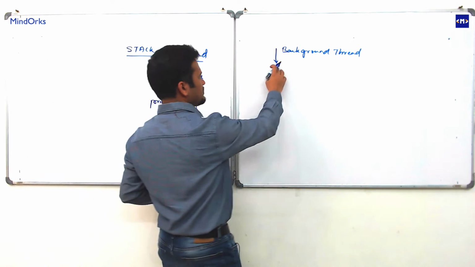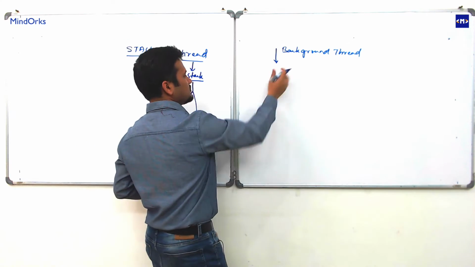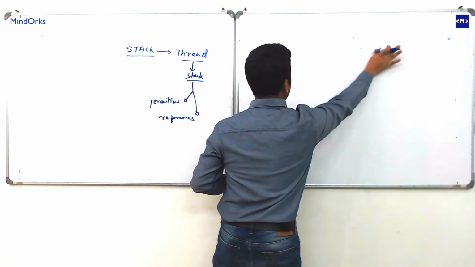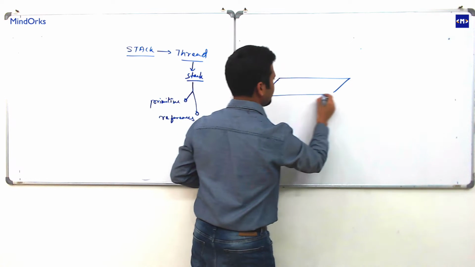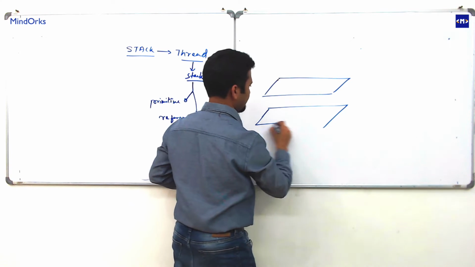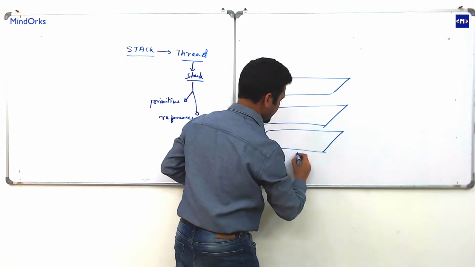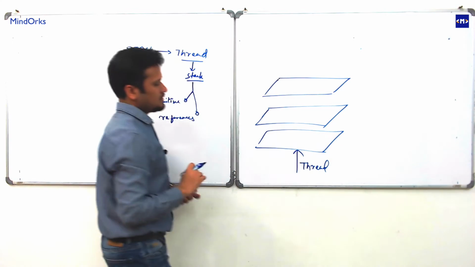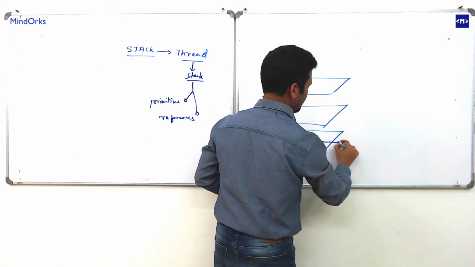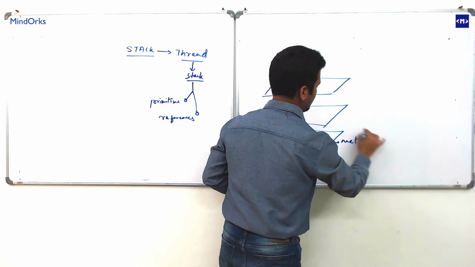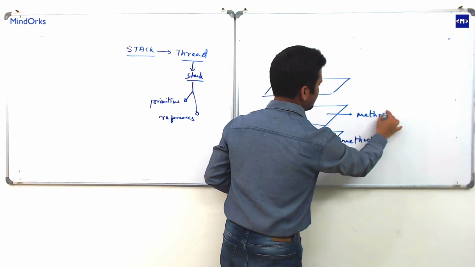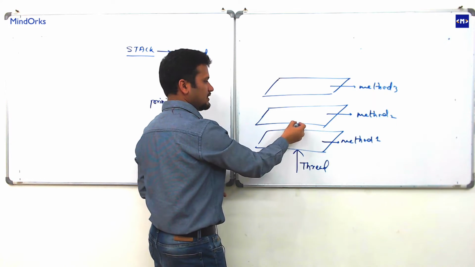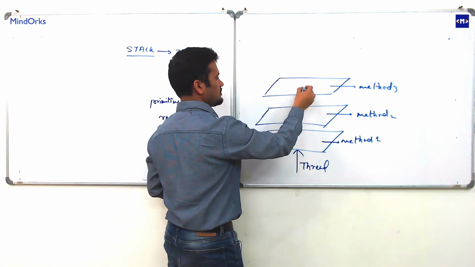Now this thread calls method 1, method 1 internally calls method 2, and then method 2 calls method 3.